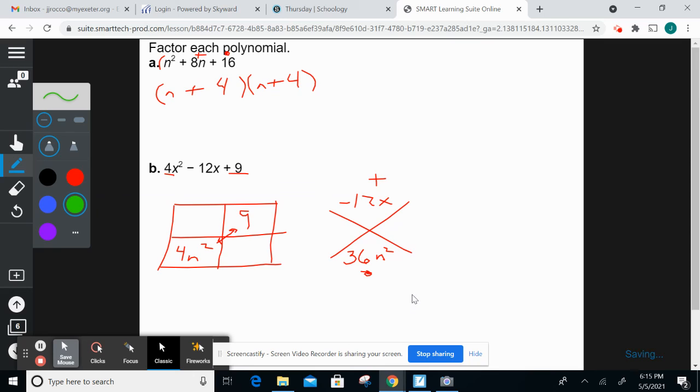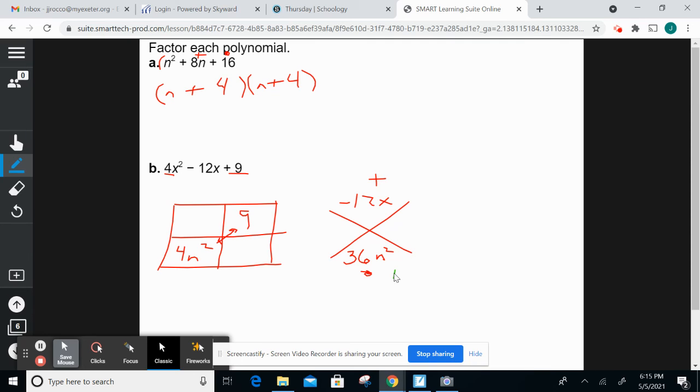Okay? So two numbers that multiply to positive 36 and add to a negative, they both have to be negative. Trying to think here. 1 times 36, that's not going to work. 2 times 18, that's not going to work. 3 times 12, 4 times 9, 6 times 6.